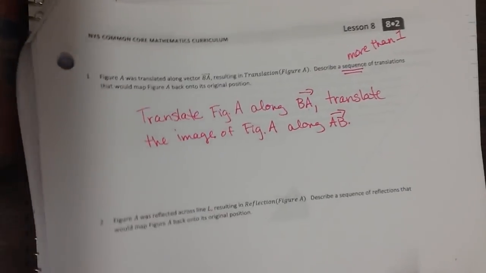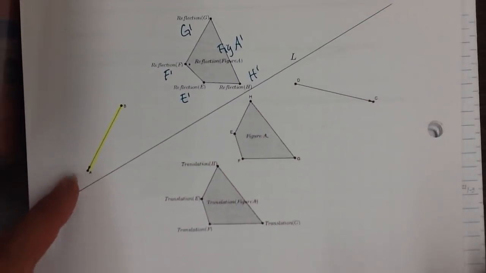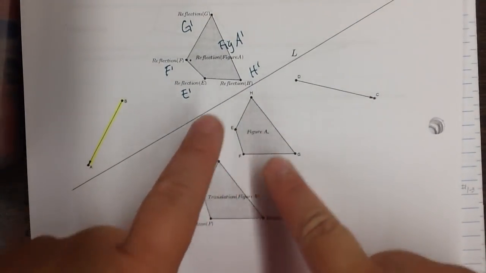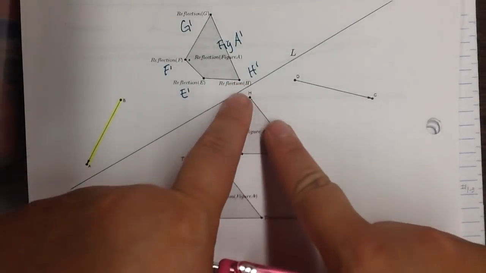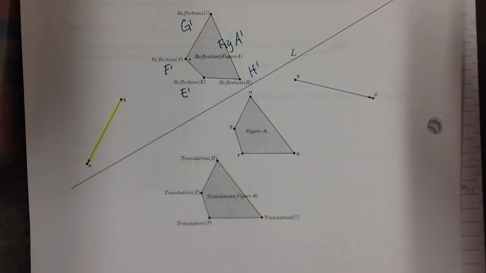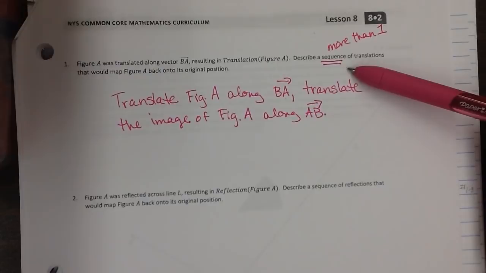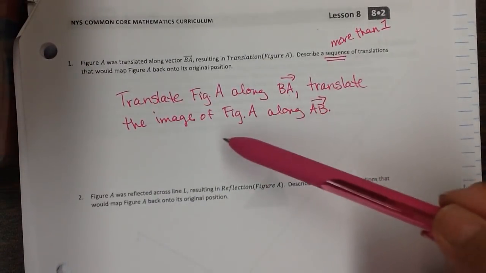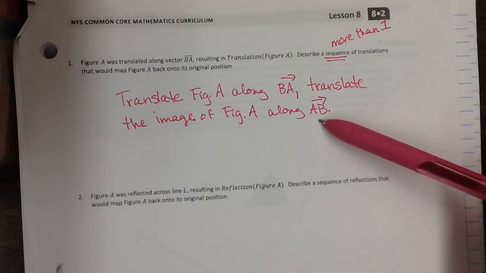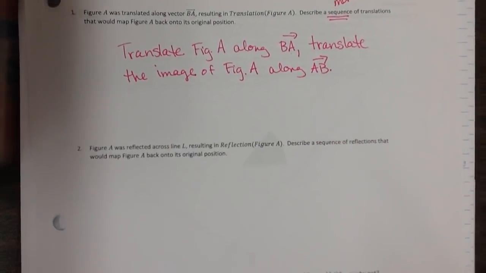So what this is saying is that you're going to move figure A onto the translation of figure A, and then you're going to move it back. You have to do more than one thing when it asks for a sequence. Okay? So you translate it along the vector one way, and then you translate it along the vector another way. Okay?